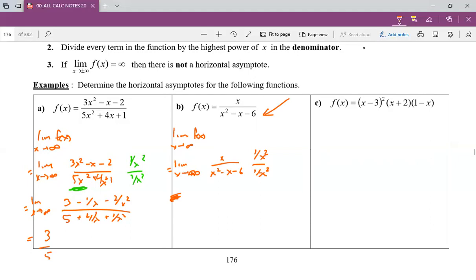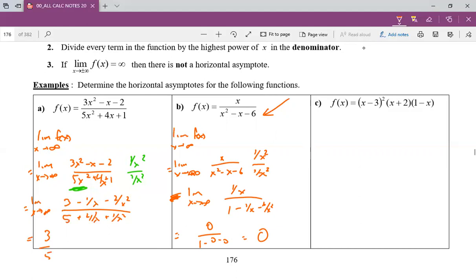Let's not do that. We're going to take this approach because we're talking about x getting very large numbers. In the numerator, we have 1 over x. In the denominator, we have 1 minus 1 over x minus 6 over x squared. We evaluate that limit. This becomes 0 over 1 minus 0 minus 0. So this is just equal to 0.